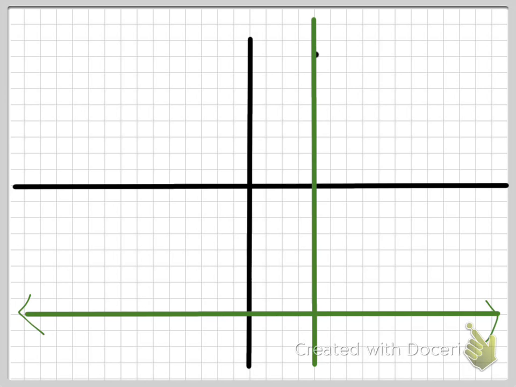Now, how am I going to write the equation of that line? That is a vertical line. And if I am vertical, if I am perpendicular, one's going to be vertical and one's going to be horizontal. So if they gave me the horizontal, which they did, which was y is equal to -8, perpendicular is going to be an x equals. And it's going to be the x value of the ordered pair.